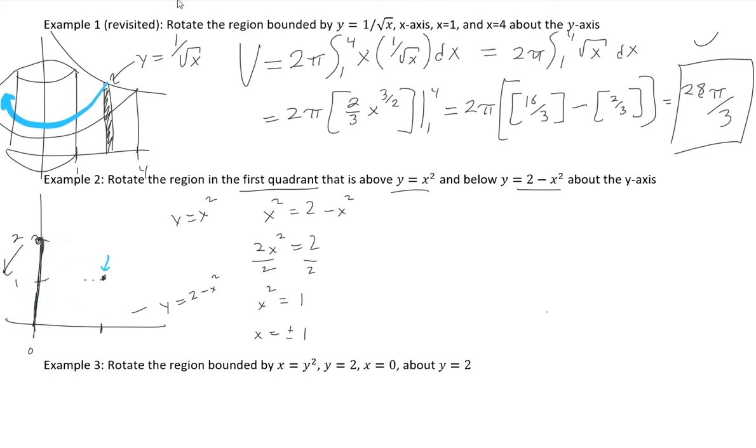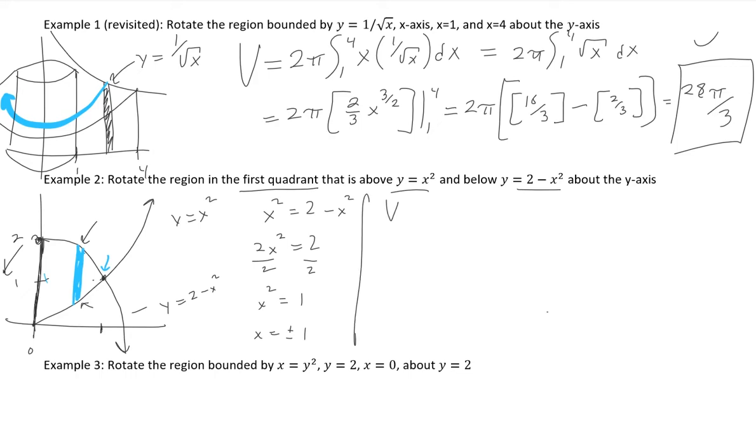But if I use cylindrical shells instead, like so, then at all points, the top curve is always the same and the bottom curve is always the same. So it's consistent. That means I should only need to set up 1 integral to solve for this. So a lot easier to do compared to doing disks instead.